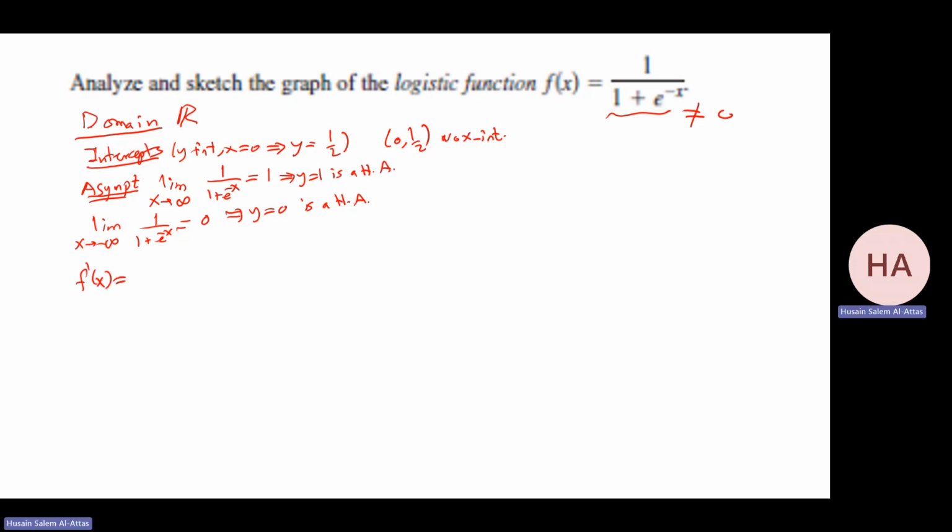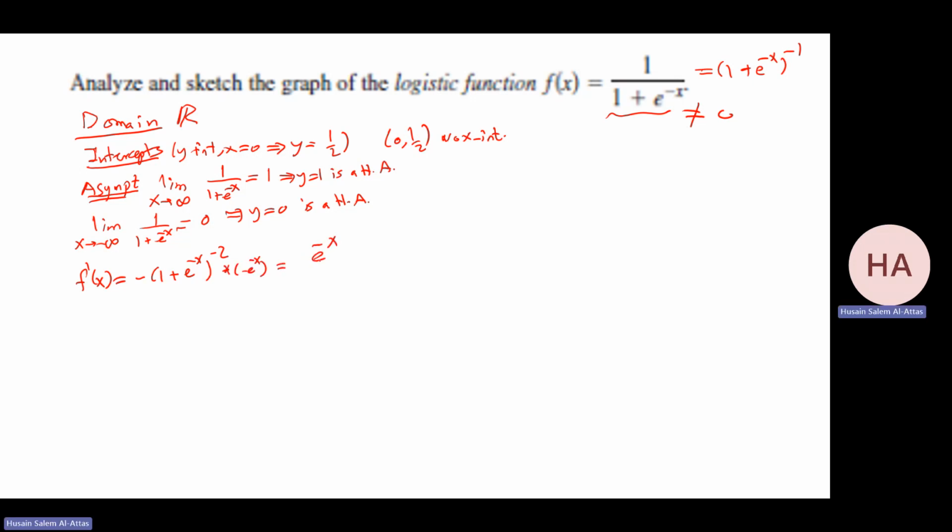F prime will be what? I can rewrite it to make it easy, as 1 plus e to the minus x to the power minus 1. So that will be minus (1 plus e to the minus x) to the power minus 2 times minus e to the minus x.